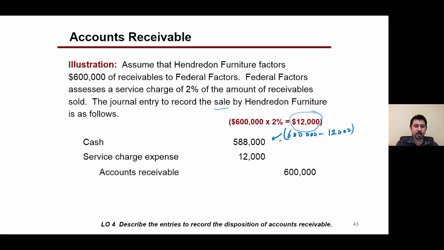So every time that the company factors accounts receivable, they will debit cash for the amount minus the service charge. Then they will debit the service charge expense and credit accounts receivable for the full amount.